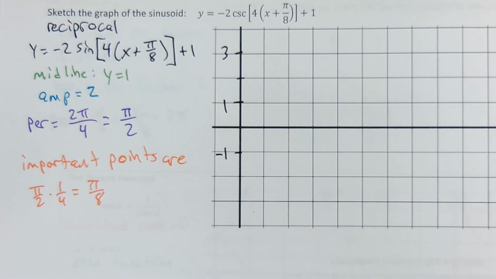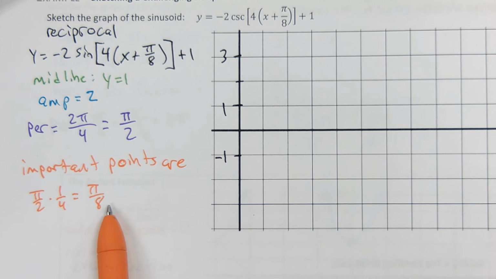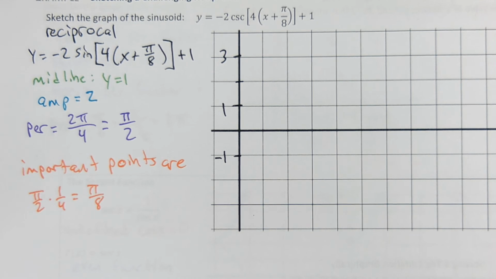Hey, what makes the inside of my function equal 0? Pi over 8. How convenient that my phase shift and my important points information have the same denominator. Since they had the same denominator, we could just go ahead and let the x-axis go by pi over 8. It will make our lives easy.